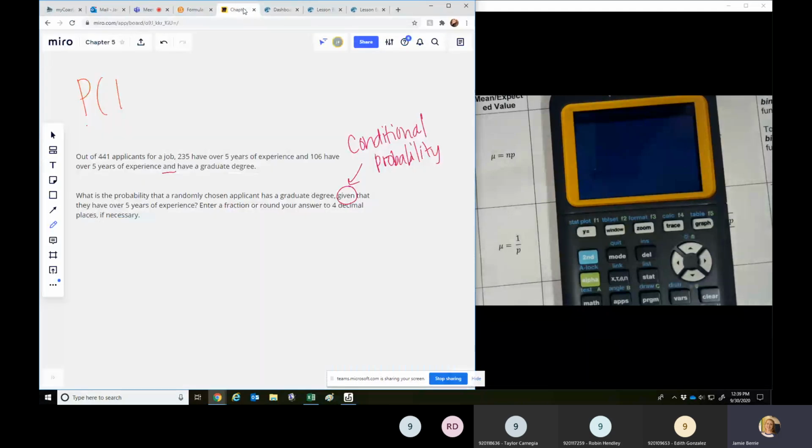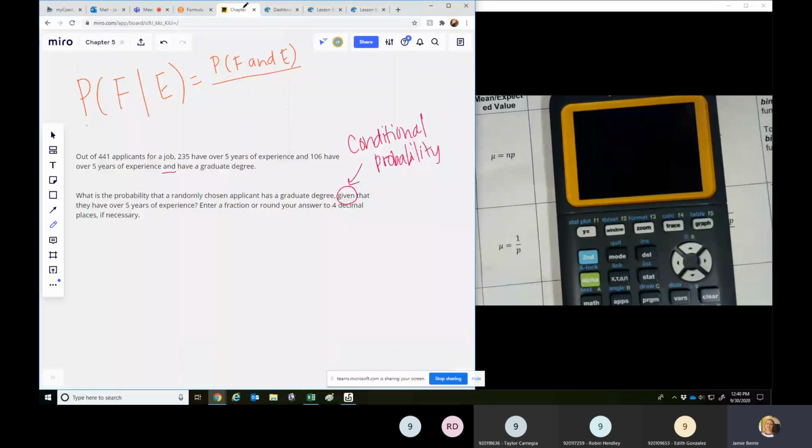Probability of F given E is equal to the probability of F and E. You could also write this as E and F. It's the same thing. You can switch the letters around.